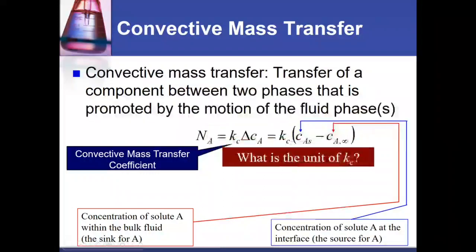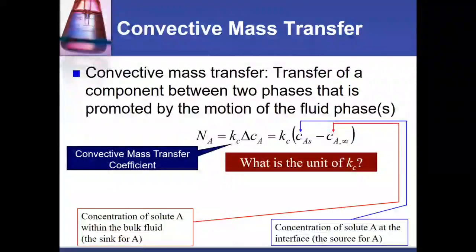So now, if you remember, the unit of DAB was length square per time. But what do you think the unit of Kc should be? Depending on this equation, what is the unit of concentration? Mole per volume. Yes. And what is the unit of flux? Mole per area per time.